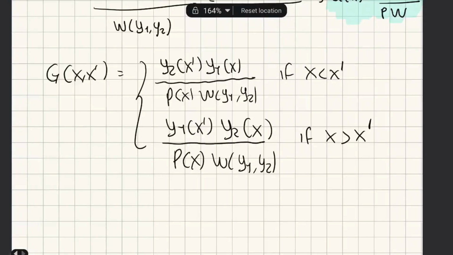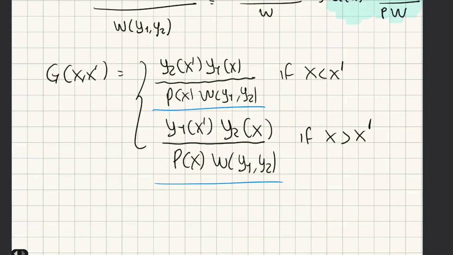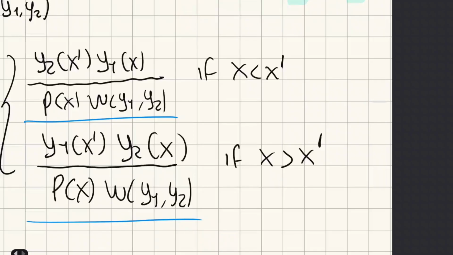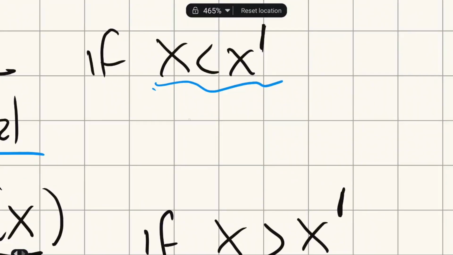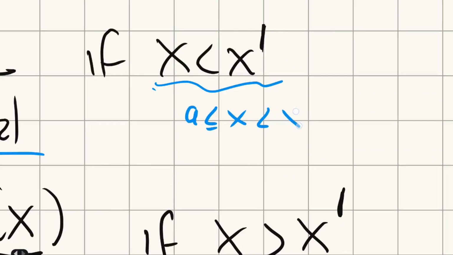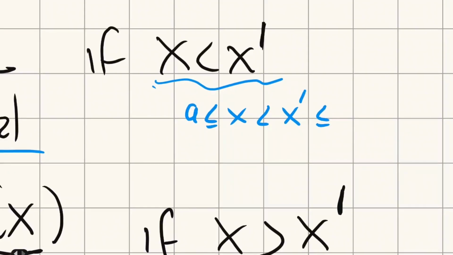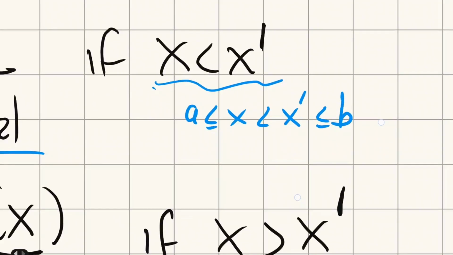Recall that the Green function is a function of two variables. So we have dependence on x prime and x on both pieces that we wrote. Okay, and actually, I should say that this interval is for a less than or equal to x, which is less than x prime, less than or equal to b.